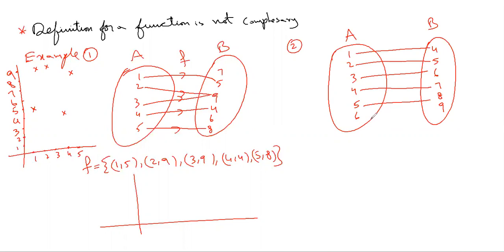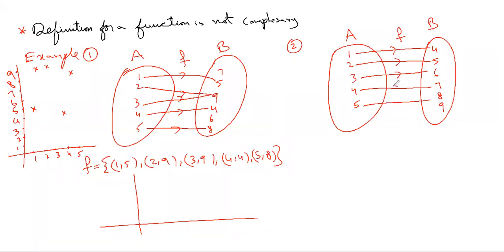Previously I don't have 6, so I won't keep 6. Not a problem. If I map like this, I can represent that function f with an arrow diagram.